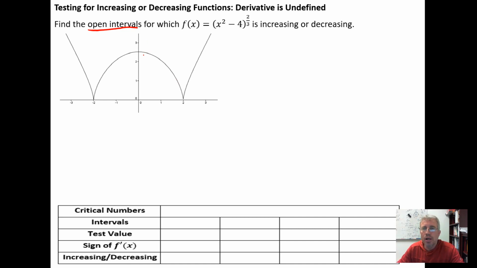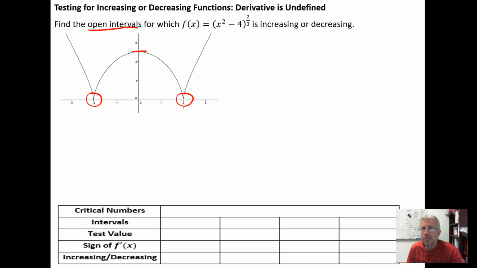So step one in the process is to find the critical numbers. And what I want to notice from the graph is there's going to be 3 of them. I have one spot here. It looks like at x equals 0, the derivative is equal to 0 because the slope of the tangent line is 0. But I'm going to get 2 more critical numbers out of this because the graph has cusps at x equals -2 and 2.